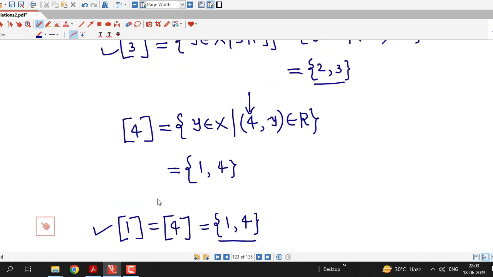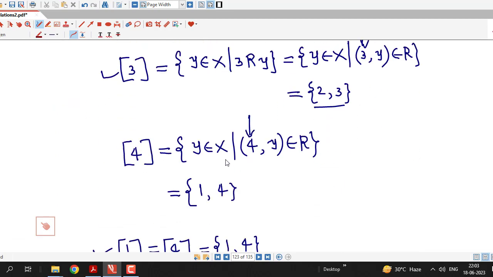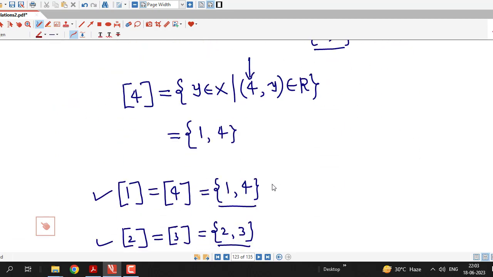So now you can observe some properties of equivalence classes, that here the equivalence class generated by 1 contains 1 and 4, and we have 1 and 4 in this equivalence class. That means 1 is related to 1 and 1 is related to 4, and we can observe that 1 is related to 4 and equivalence classes generated by 1 and 4 are same.